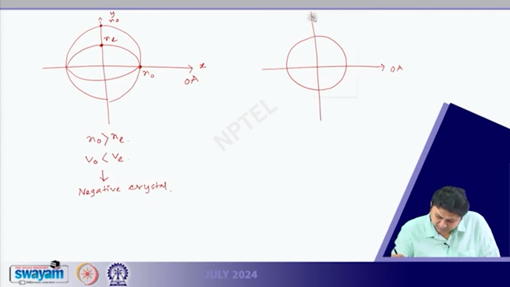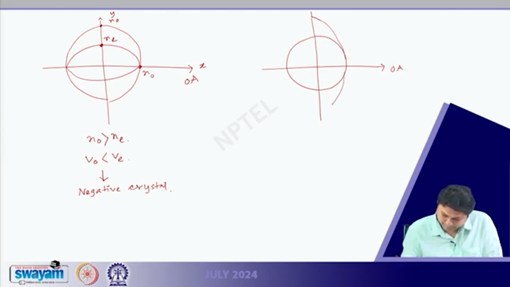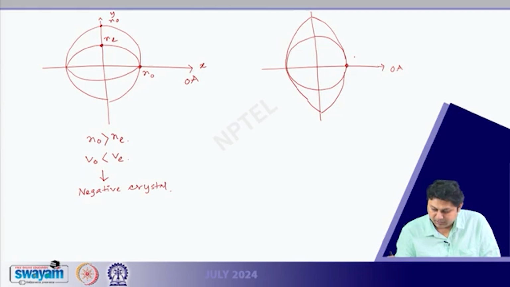If I draw a figure like this, then this value is n O, this value is also n O, but this value is n E. Now n E is greater than n O, and the velocity of the extraordinary ray in that case is less than the velocity of the ordinary ray. This kind of crystal is called a positive crystal.